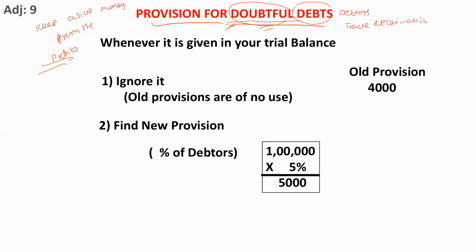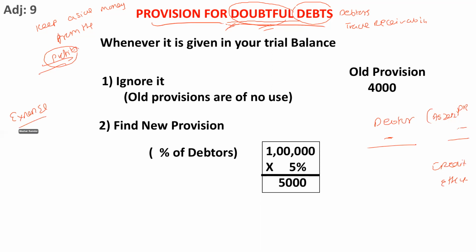So whenever you have a doubt that your debtors are not going to pay you, you subtract this amount from the debtors. Debtors is your asset, so this is debit minus, you give a credit effect. How about the debit effect? You keep this money aside from profits. That means you show it as an expense.